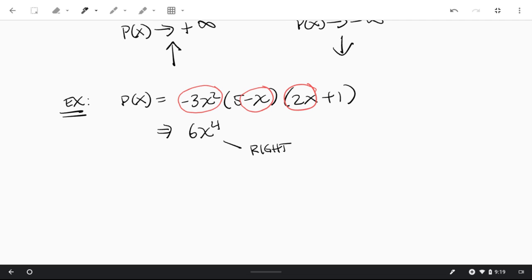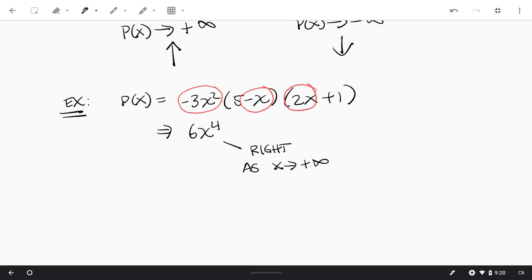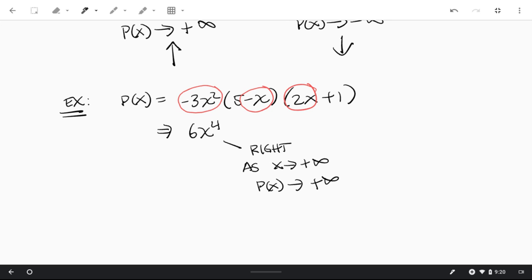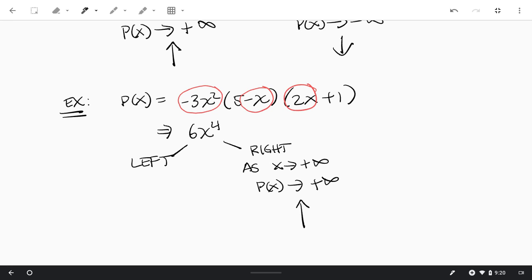Right-hand behavior, that's as x goes towards positive infinity. If I plug in a very positive number, I get a positive result. So on the right-hand side, my graph will be going up. Let's do the left-hand behavior.